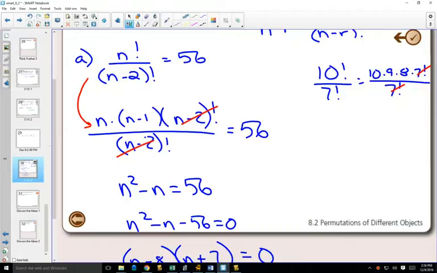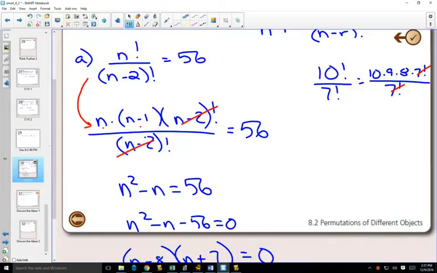So then when we get to n factorial, I start with n. And then I multiply by 1 less. Well, how do I write 1 less than n? It'd be n minus 1. And then what's 1 less than n minus 1? n minus 2. And if I would have kept on going, the next one would be n minus 3, then n minus 4. And you keep going down until you get to times 3, times 2, times 1.